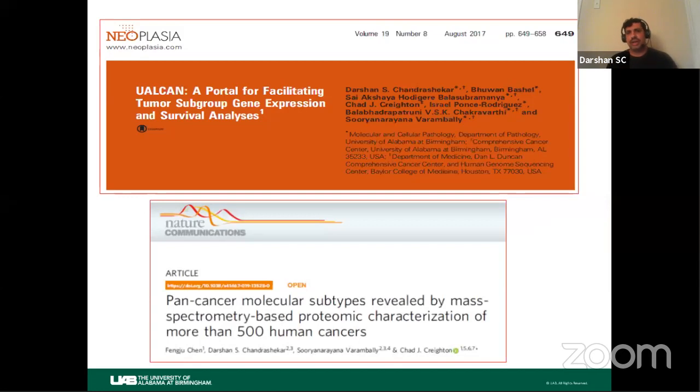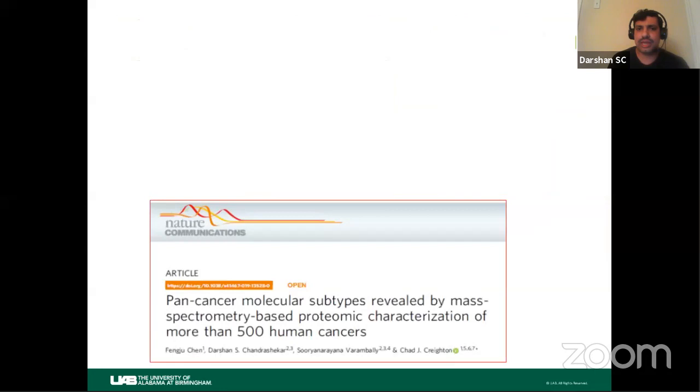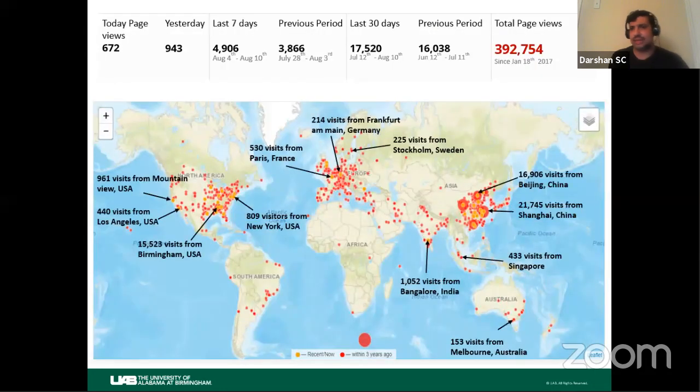So UALCAN was initially published in August 2017 in the Neoplasia journal. It was very well received, and last year the protein data integration was reported in a Nature Communications paper. This is again from Baylor College of Medicine, and we are extremely glad that, as Sadhu sir mentioned in his introduction, it's pretty well used.